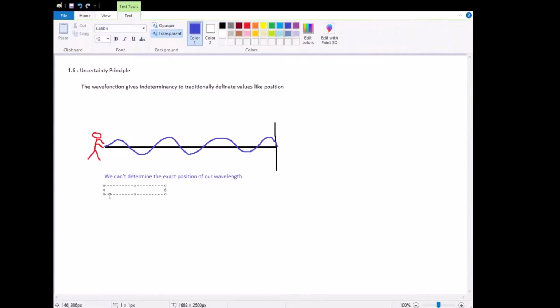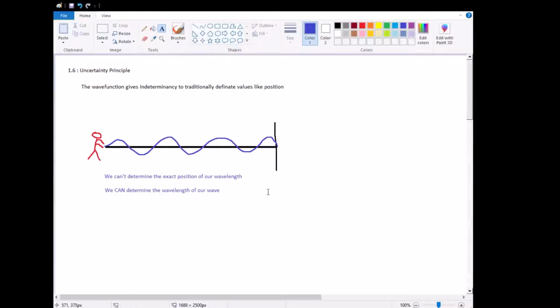However, we can determine the wavelength of our wave. And measuring the wavelength is merely a matter of putting a camera in front of this whole setup, taking a picture, and then analyzing the distance between one peak and another peak. If I were to take a picture of this whole setup and put it in some sort of photo analyzer or software, I could measure the distance between one peak and the other peak, and this distance would be the wavelength, lambda.